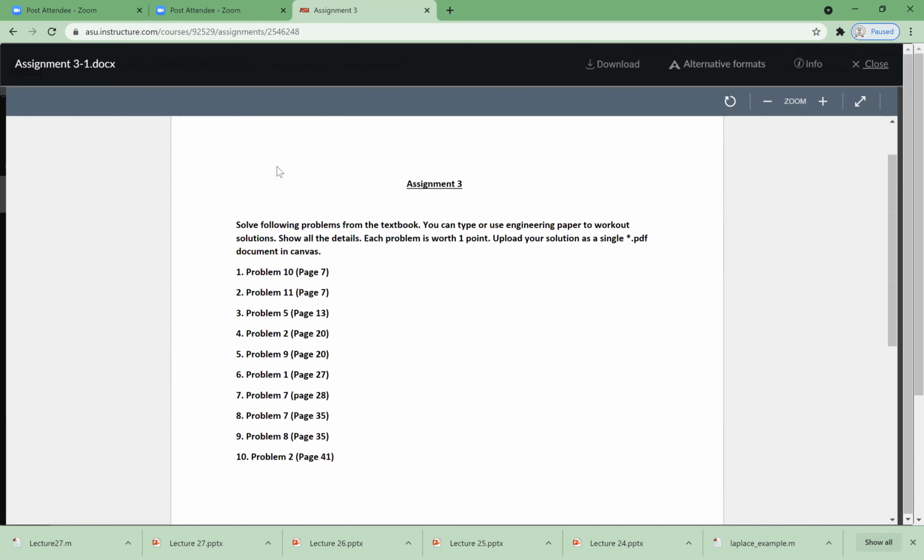Some of these problems are just fill in the blanks. So if you read the relevant section from the textbook, you can finish that part. But some problems, you really have to scratch your head to get to the solution. But every problem, big or small, is worth 1 point. So as long as you do most of these, you should be okay.